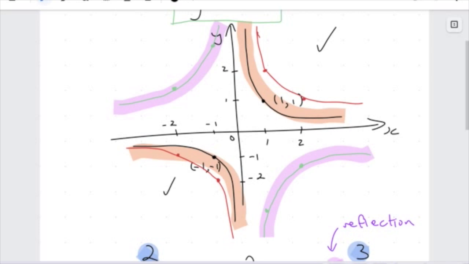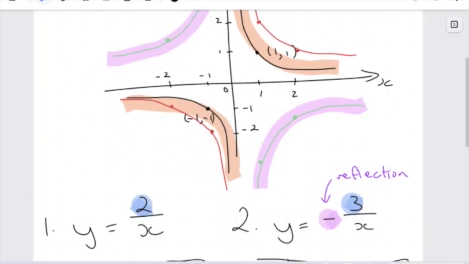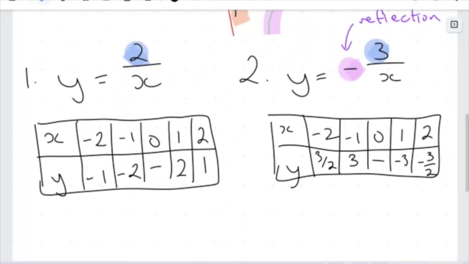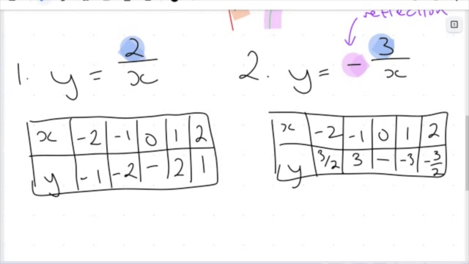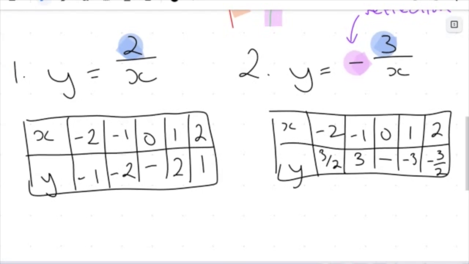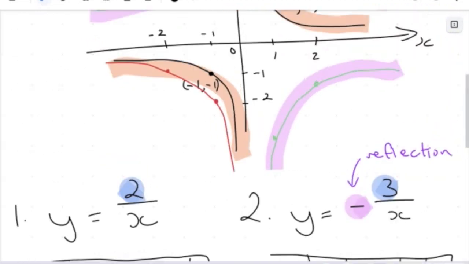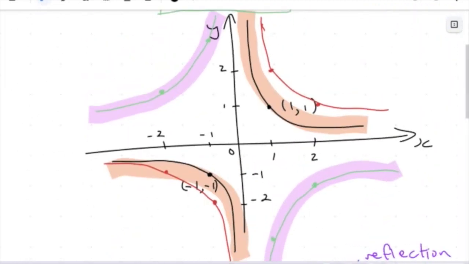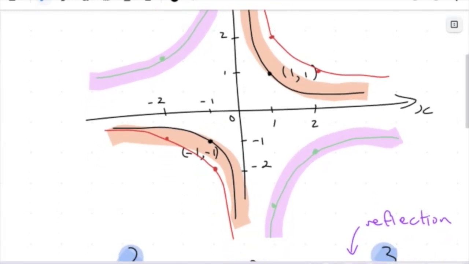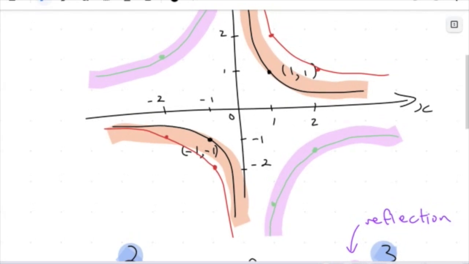It's below the x-axis, and now it's getting reflected up the x-axis. So the negative in front acts as a reflection in the same way it did for exponential functions as well as parabolas too. And also this 3, that was a process of making the graph wider again. So you can see everything now is being scaled by a factor of 3.